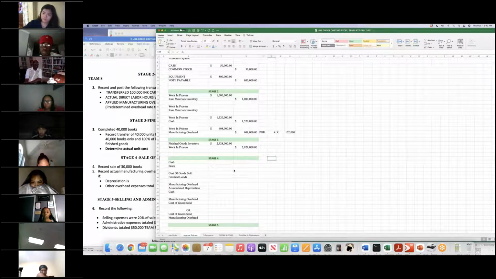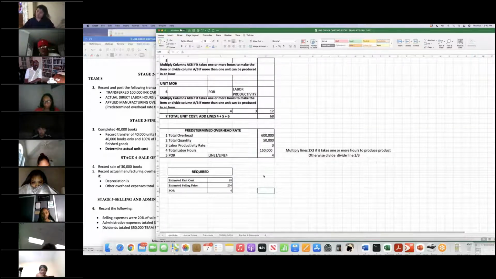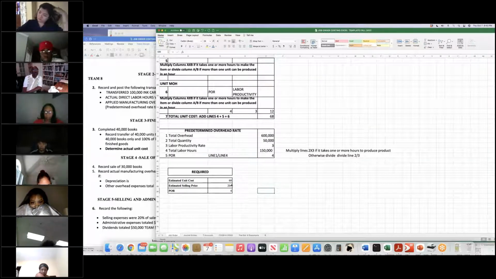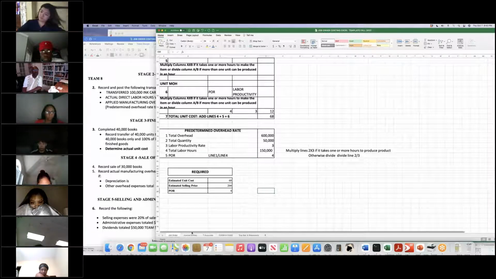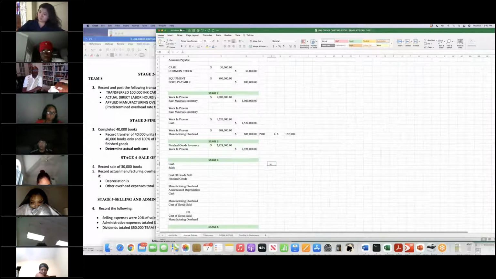In a journal entry, where are we going to sell them at? What did we say the selling price is going to be for these books? We calculated a selling price of $204. So 204 is going to come here.